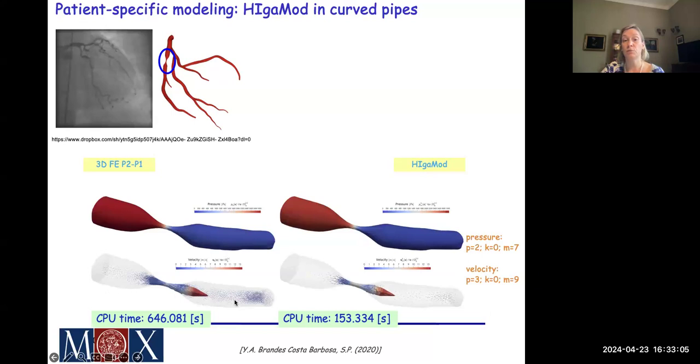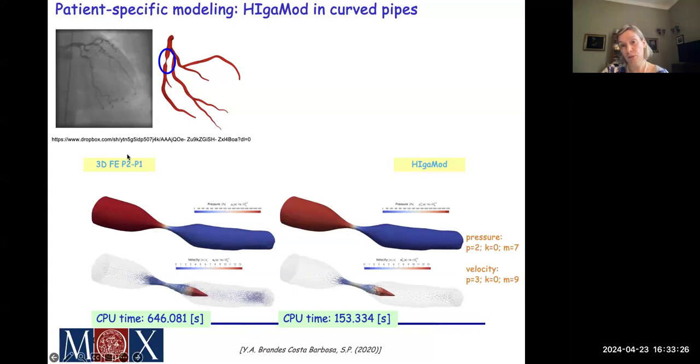And the interesting information is that also for this more complex case, beside the good matching from a qualitative viewpoint for both pressure and velocity, the good news is the possibility to considerably reduce the computational time.